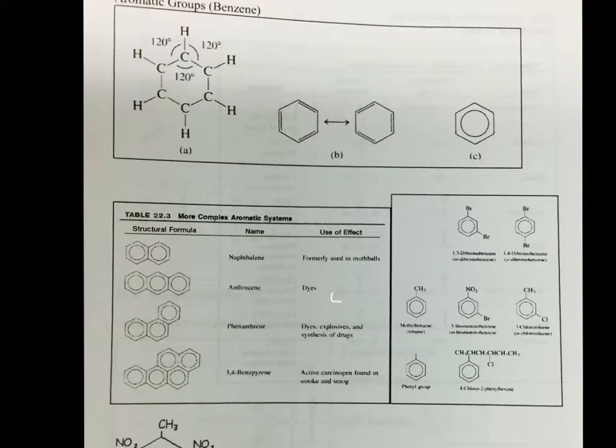So in the first diagram here on the left, they're showing you the planar ring structure. And they're also showing you that all of the bond angles are 120 degrees.